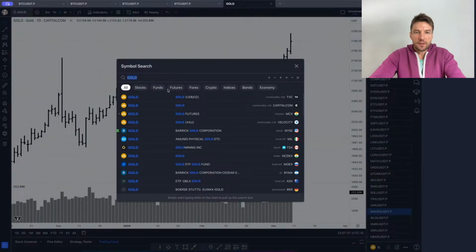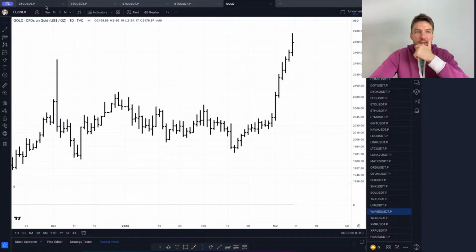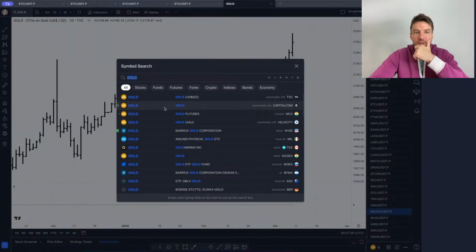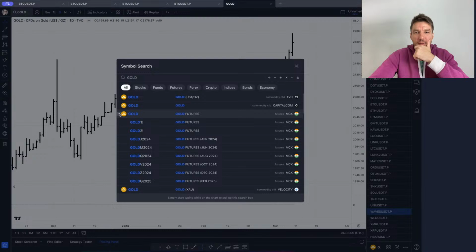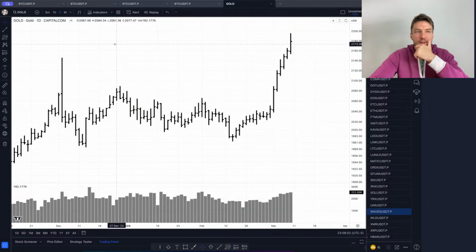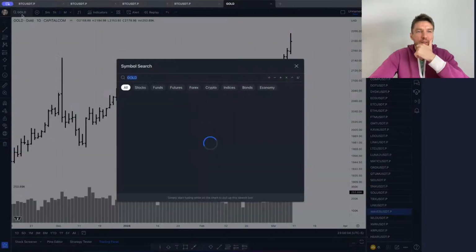Let's see what else do we have in terms of the gold. Gold fund. Should be something American. But I need volume. Is it the same? Yeah, I need volume, so I'll take. This is something Mexican.